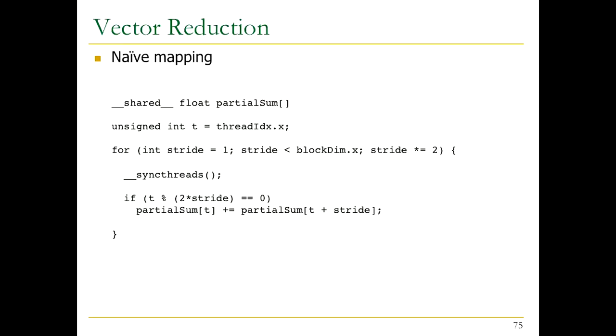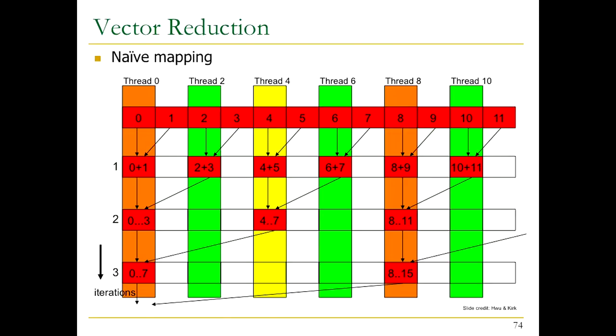This naive mapping corresponds to this code that you can see here. So these are the iterations, and in each iteration we multiply the stride by 2. The stride is exactly the element that we are accessing in the beginning. In the first iteration, the stride is 1. In the second iteration, half of the active threads retire, and the other half access stride 2. In the third iteration, they access with a stride 4, and so on, right?